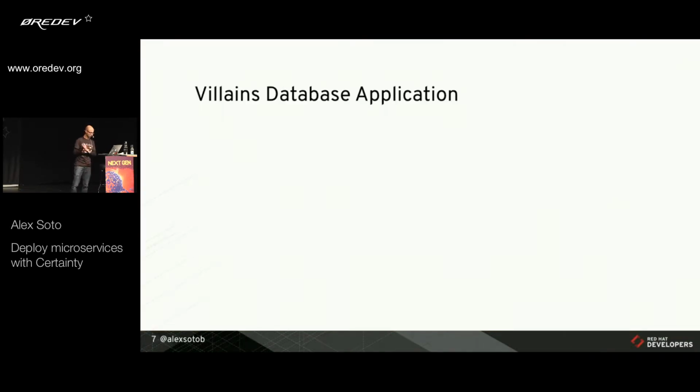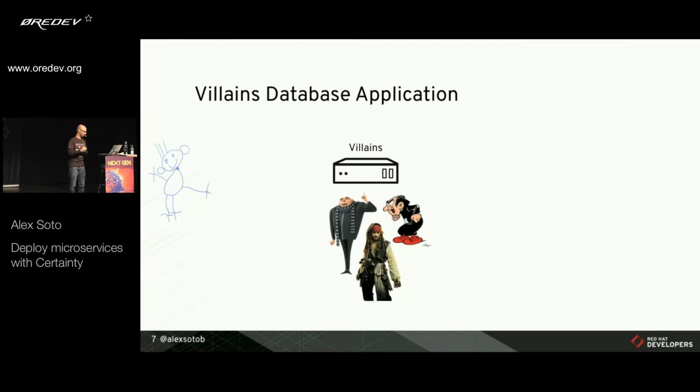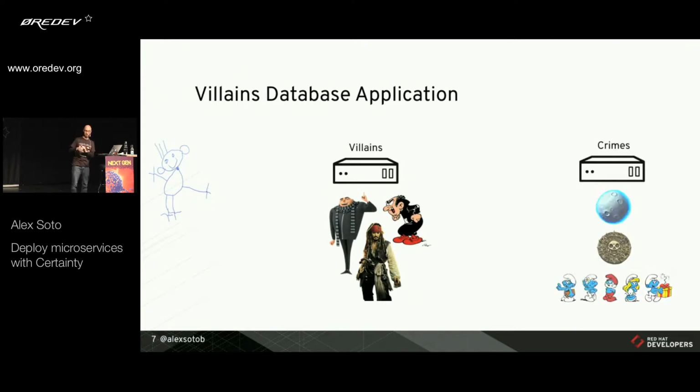The example that I'm going to show you here is a Beeline database application. Basically, this is me. We've got a service which is the Beeline service, where you have stored some information about the Beelines. And then we have the crimes that they can do, and you store all the information about the crimes.